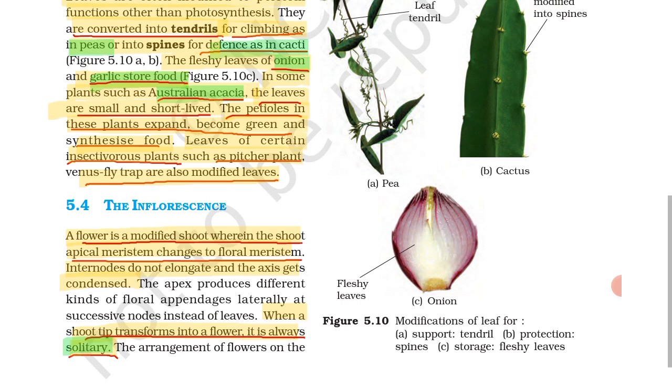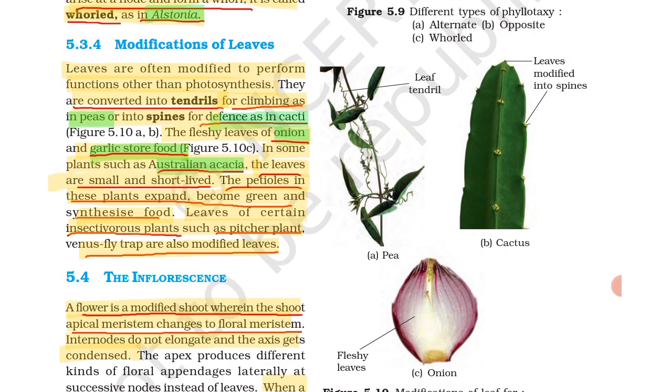So let's revise this modification of leaves. Leaves are often modified to perform functions other than photosynthesis. They may be converted into tendrils for climbing, and examples of tendrils are seen in peas. Some get modified into spines for defense, and the example is cacti. Some have fleshy leaves like onion and garlic, which store food.